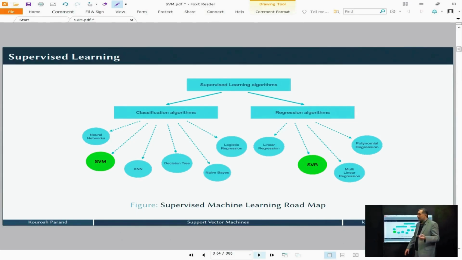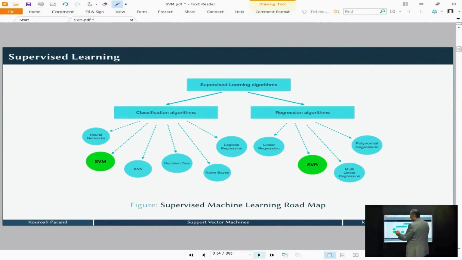The necessary explanations about this were given in previous sessions, and you all know that supervised learning is divided into two main categories: classification and regression. Classification we translate as categorization, and regression is also called regression.